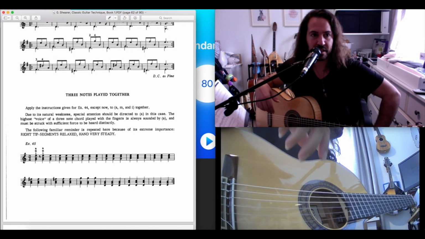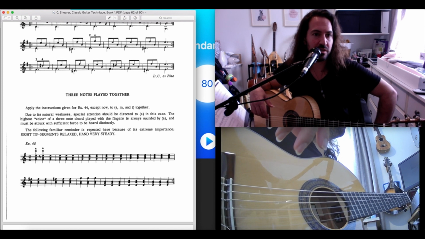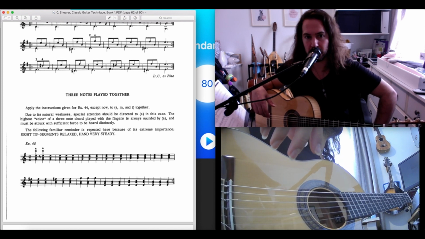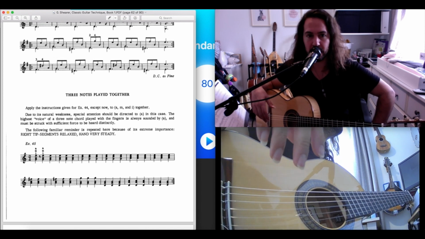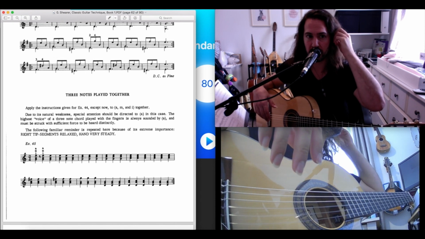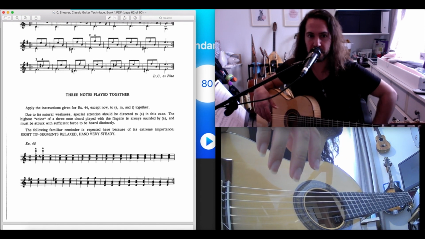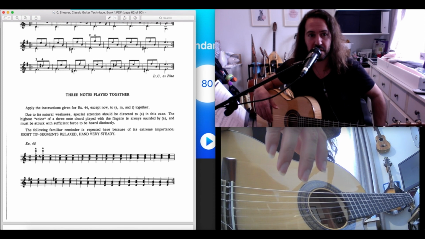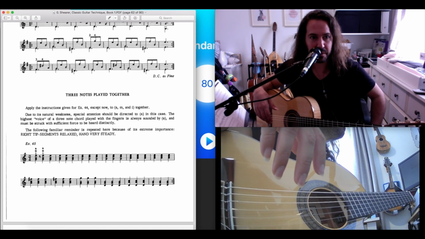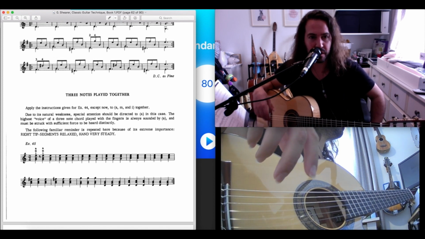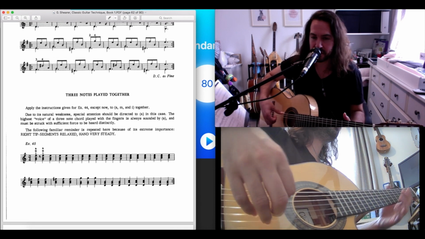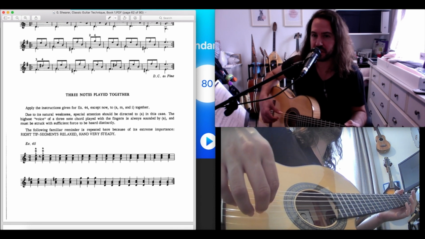Okay, a little bit of text here that's good to know. Due to its natural weakness, special attention should be directed to A. In this case, the highest voice of the 3 notes played with the fingers is always sounded by A and must be struck with sufficient force to be heard distinctly. Yeah, and this is true because if the middle strings are played here, this is the accompaniment, right?